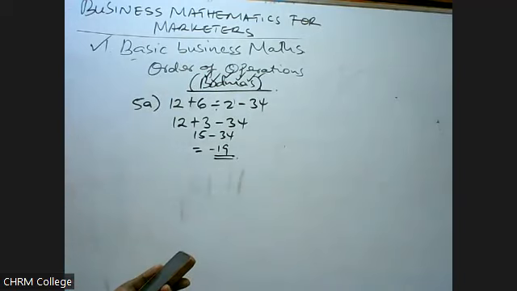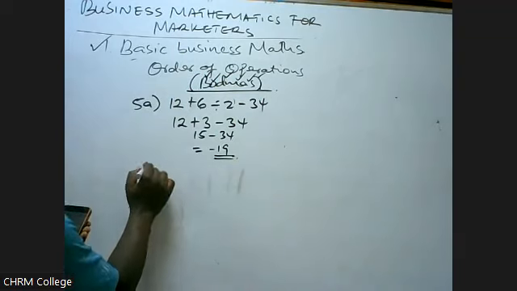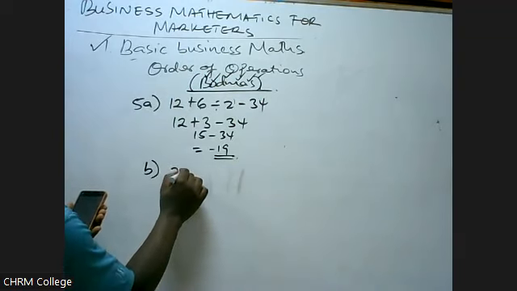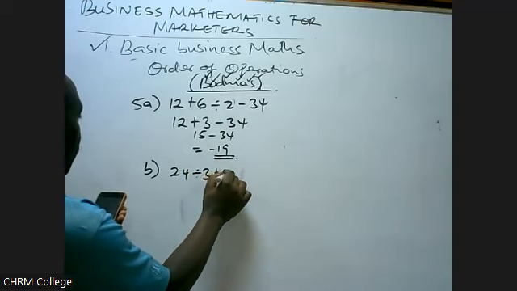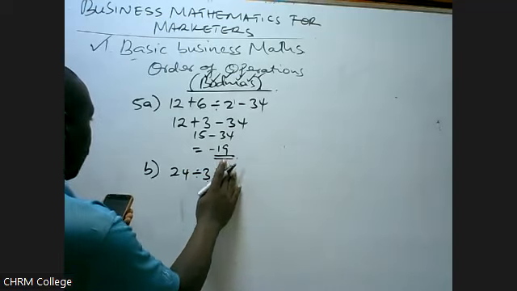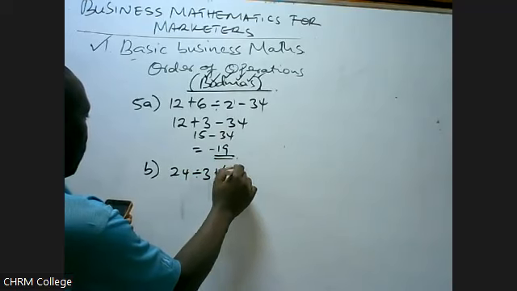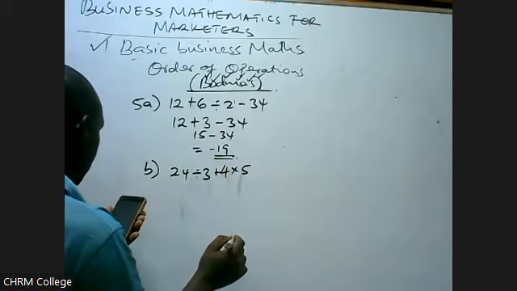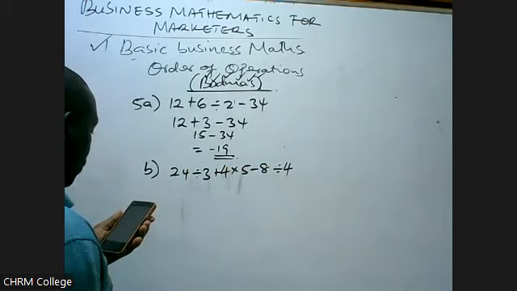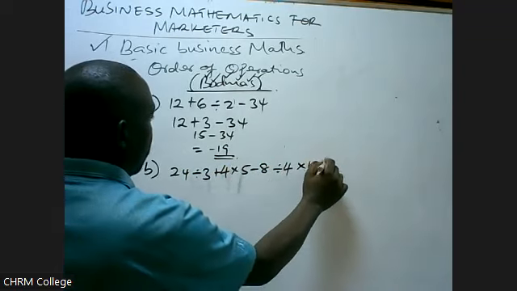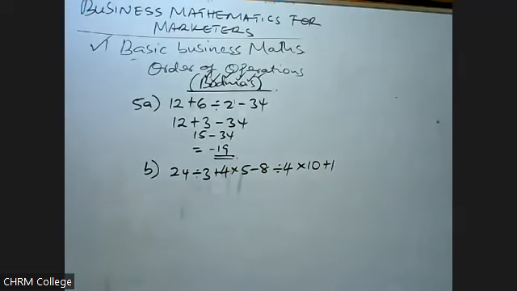Part B of number 5, where we have 24 divided by 3 plus 4 times 5 minus 8 divided by 4 times 10 plus 1. And you are told to work out that.